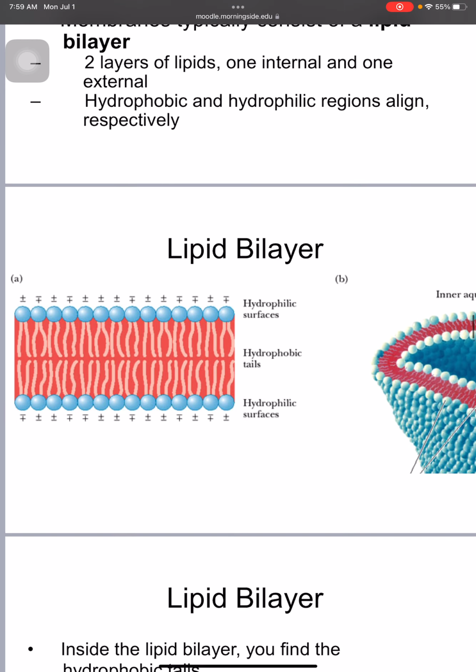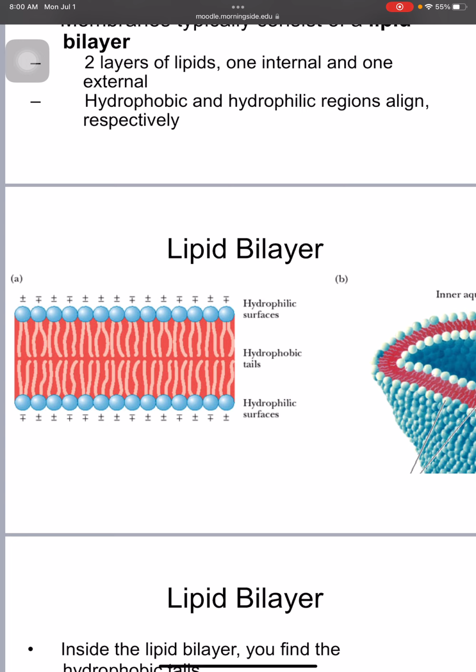If we look at the cell membrane, for example, you guys have heard this ever since high school, right? What is the cell membrane made out of? It's made out of the lipid bilayer. And so, when we said bricks, they're literally sort of the bricks in the wall. You can see that here, right? The lipid bilayer is the primary component of the cell membrane, and this is how it's arranged.